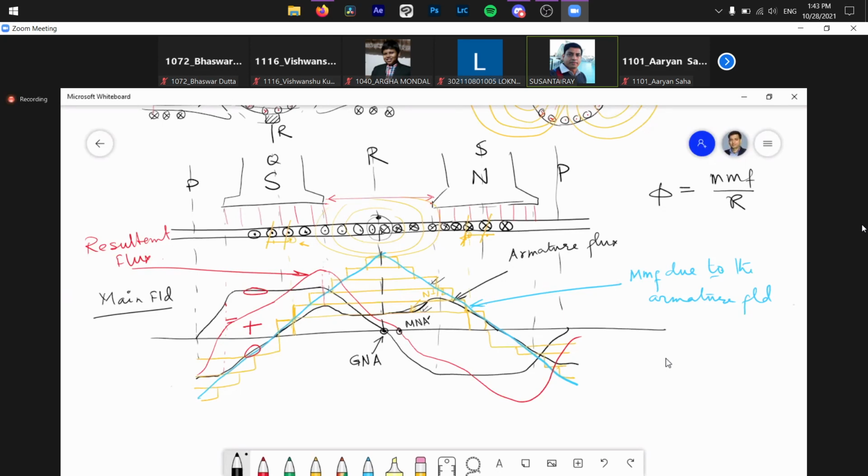What observations can we make? The first point we can see from these graphs very easily is that the magnetic neutral axis has been shifted from its initial location at the geometric neutral axis to MNA prime, the new magnetic neutral axis. That I have pointed out.